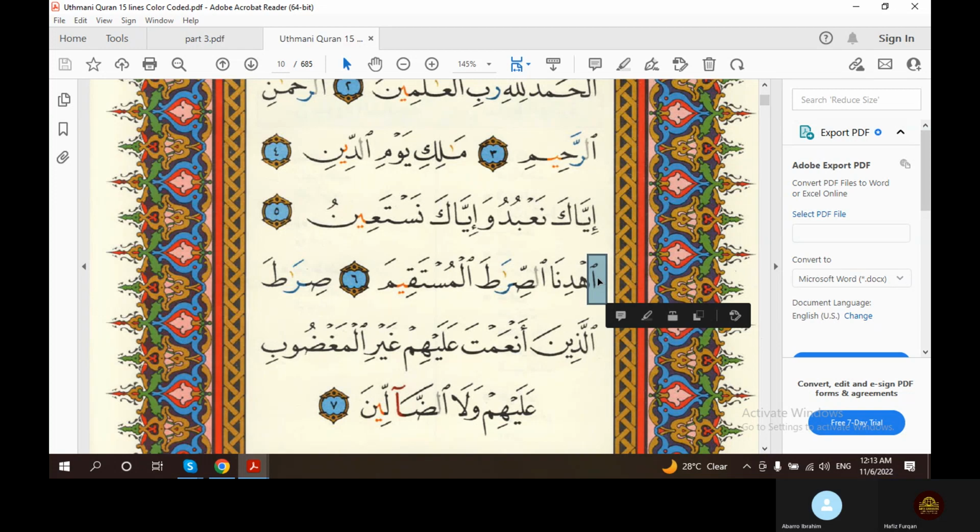No. Is it in the middle? No. Is it in the starting? Yes. So we read Hamzatul Wasal in the beginning. Now, this is the rule we learned. We read Hamzatul Wasal in the beginning, and we do not read Hamzatul Wasal in the middle. Do you get it?